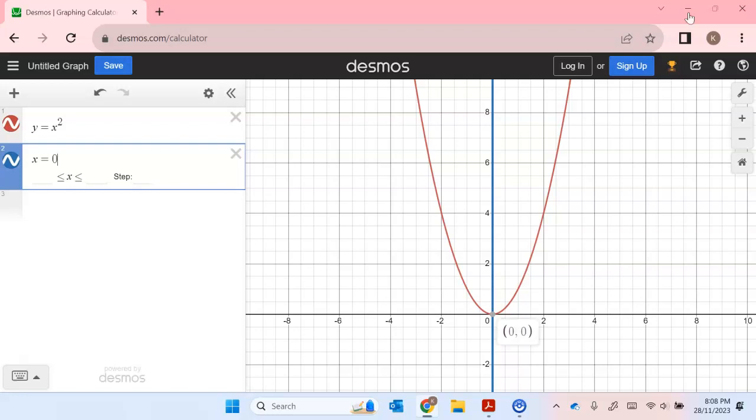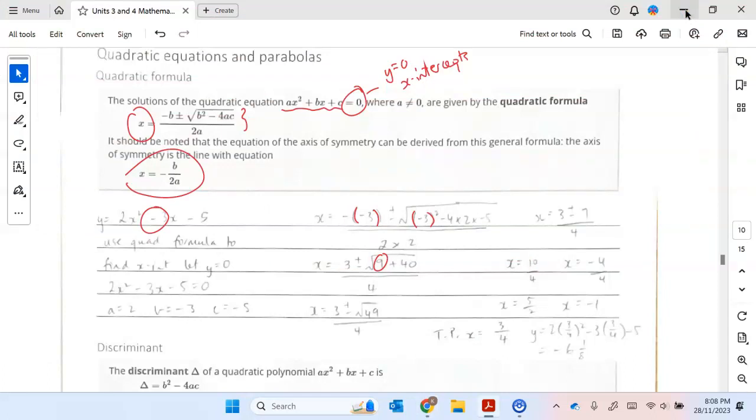But if we wanted to get this turning point, we can use the rule here again, and just substitute it in. So your turning point, when you substitute in -b/2a, we get 3/4. Sorry, I'm jumping ahead.